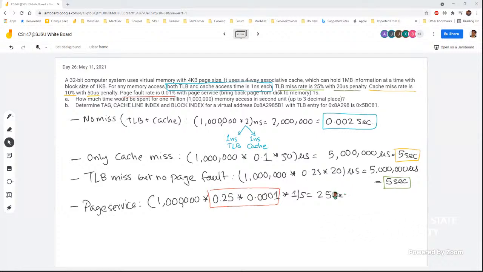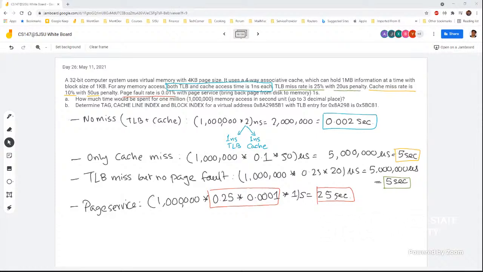Though they are made up numbers, it actually follows the general pattern that if there is a page fault, page service actually takes up a chunk of the execution, like memory access time. Then the cache miss is 5 seconds, and TLB misses 5 seconds.